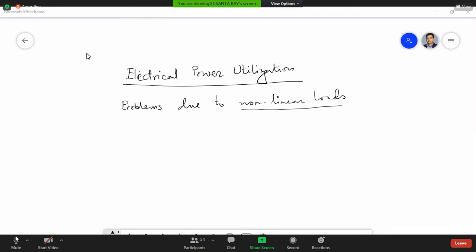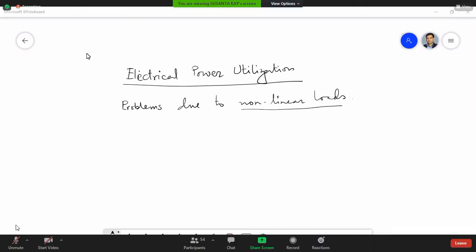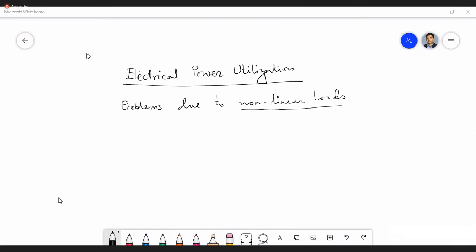So a system like y is equal to alpha x, which does not follow y is equal to alpha x, is a nonlinear system. No, I'm asking for the example. What type of loads behave like a nonlinear load.